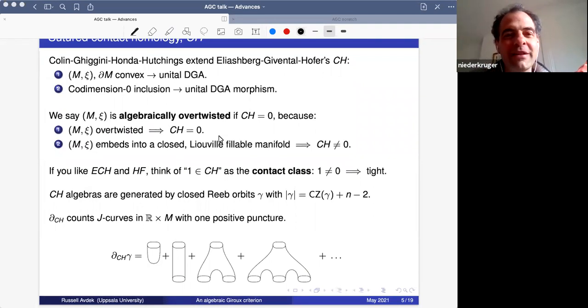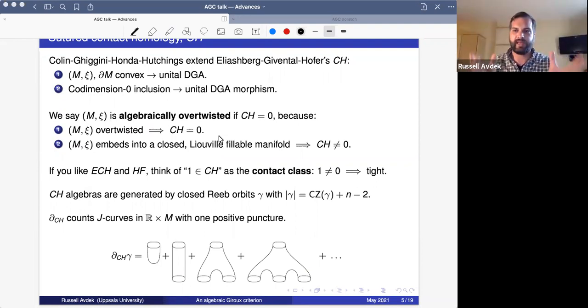if you had this situation with this convex hypersurface, and you were taking, let's say, a symplectic filling, this is all in a contact manifold, of the ambient contact manifold.